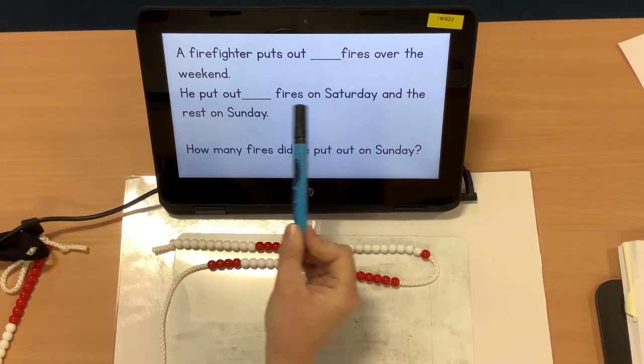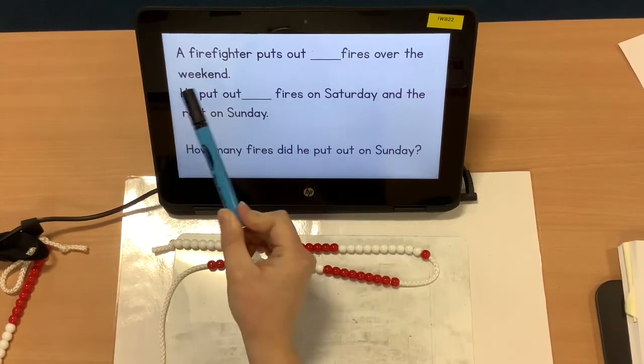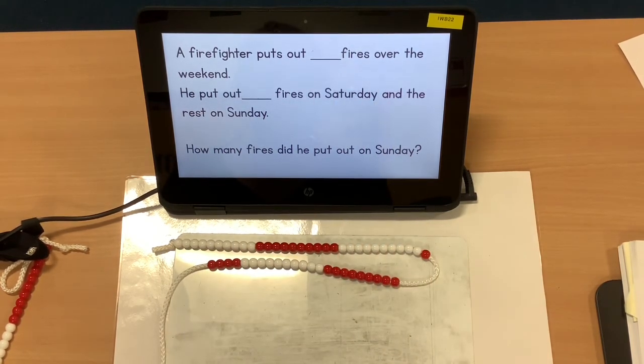So the number of fires on Saturday can't be bigger than the number of fires over the weekend. Once you've chosen your numbers, they need to be less than 100. They don't need to be very big. They could be less than 50. Once you've chosen your numbers, you are going to make it on a bead string, have a go at drawing it, and then solve it.